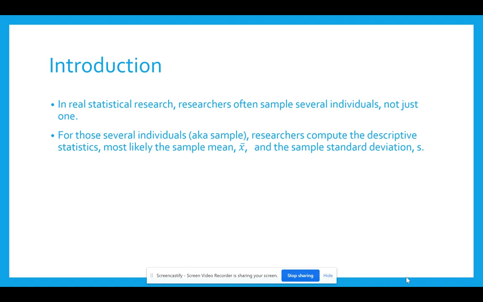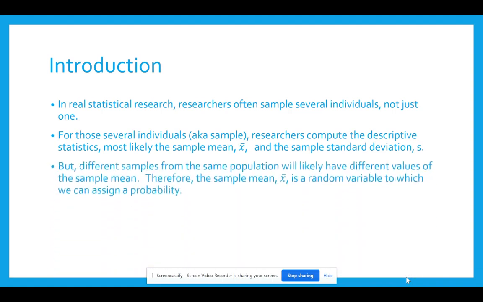We're going to compute the descriptive statistics for that sample. Most importantly, we calculate the sample mean and the sample standard deviation. We use those two descriptive statistics because both of them involve all of the data values, so we're taking into consideration all of the data values.